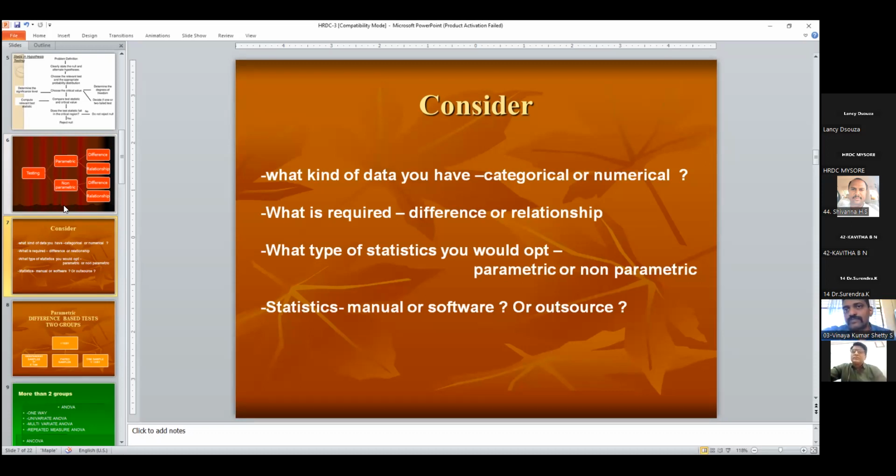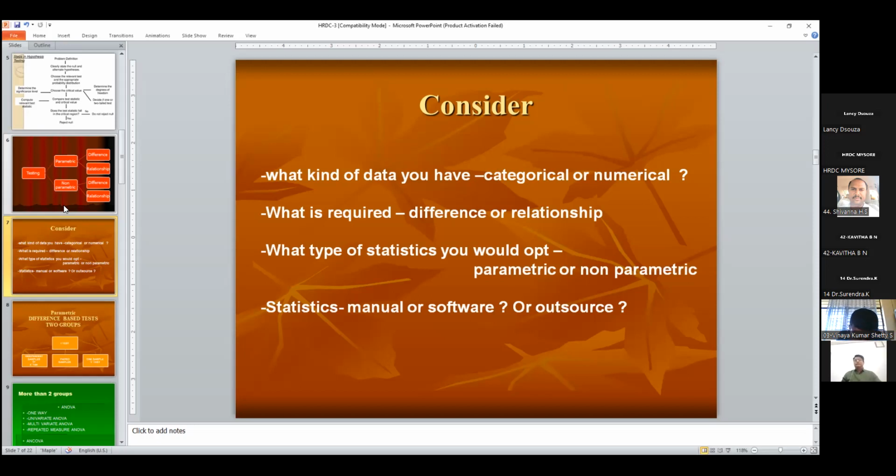And if it's numerical data, you switch over to the parametric side. So that is more important. The nature of data is very important to decide what kind of statistics to be applied. And remember, the nature of data, yesterday we discussed under 4 levels of measurement: nominal, ordinal, interval, and ratio scales. So now you should be able to decipher what kind of data you have. Based on that, now decide.